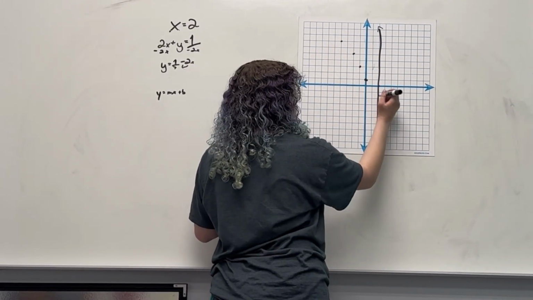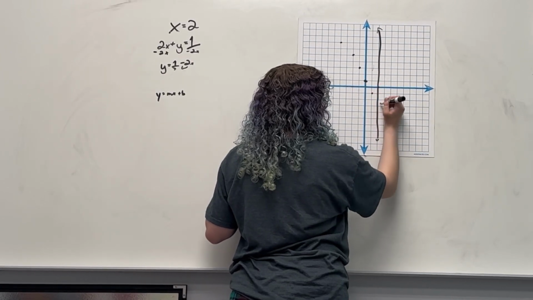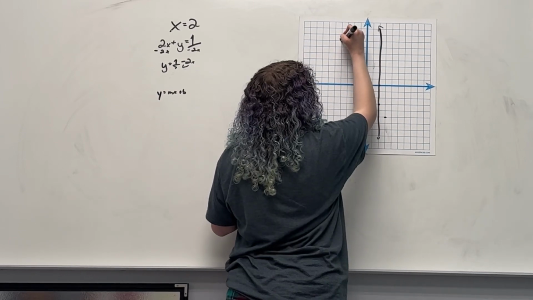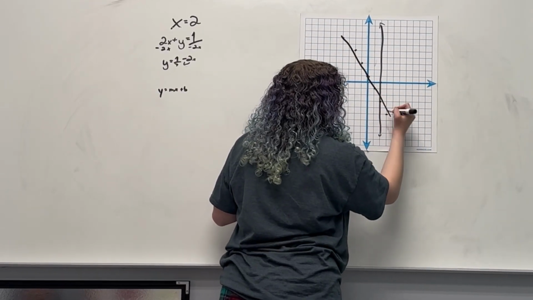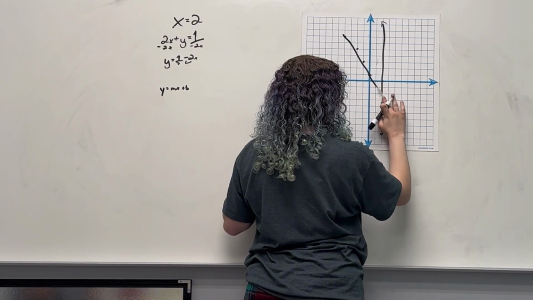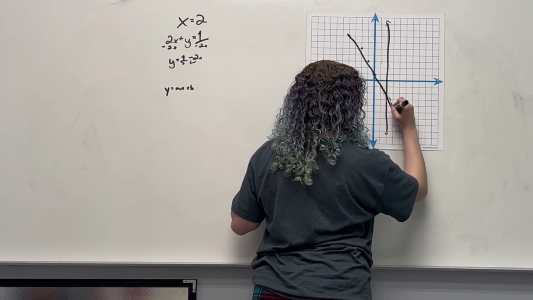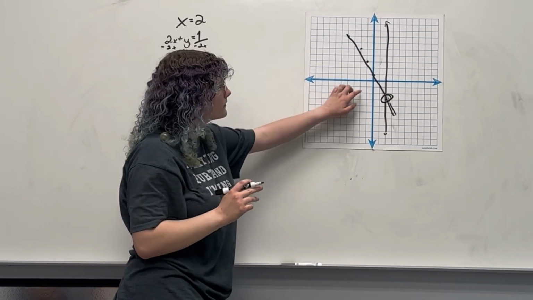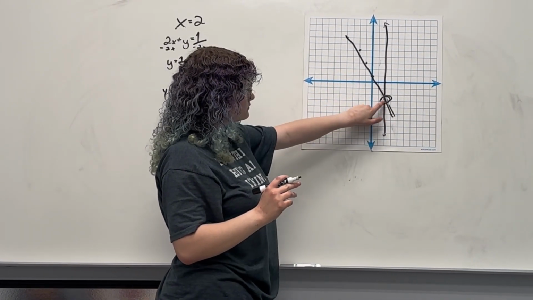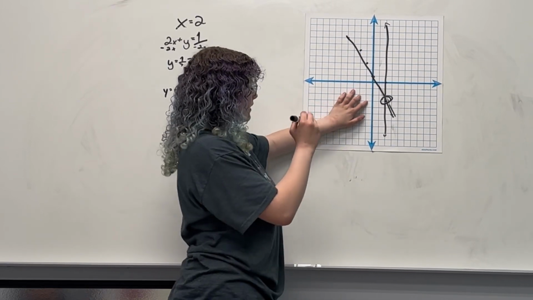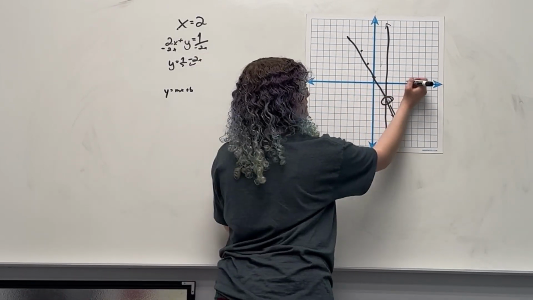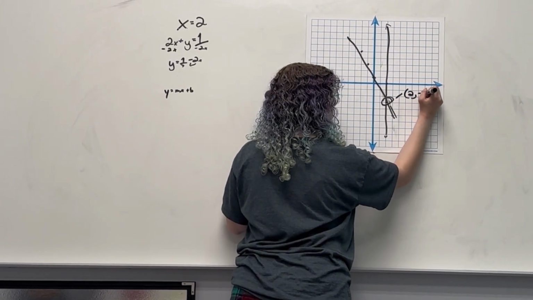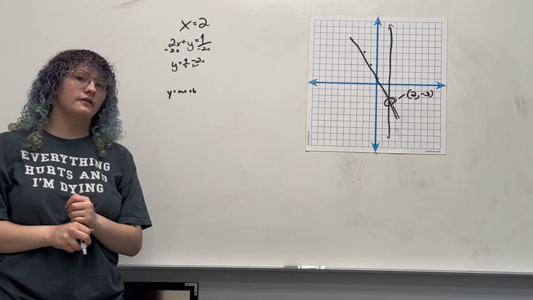And for the most part, you don't always have to go all the way on both sides, as long as you get your intersection. So that's a really bad line. The intersection is supposed to be right there. But your intersection is right there. And that point is, in this case, 2, negative 3. And that's your answer.